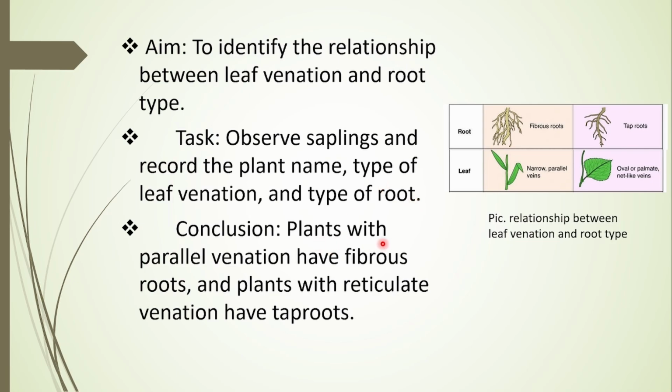Conclusion is plants with parallel venation have fibrous root and plants with reticulate venation have taproot system. Like this, roots and leaf. These are the parallel venations. These leaves have parallel venation, which have a fibrous root from the base of the same length, and in reticulate venation there is taproot system.